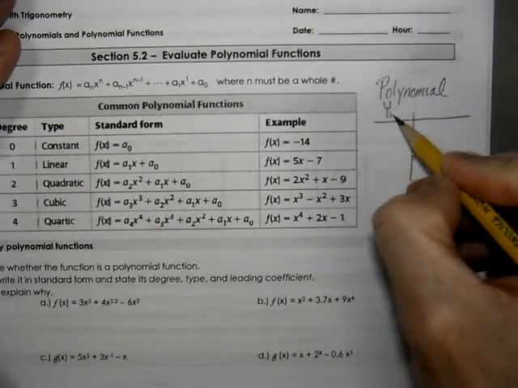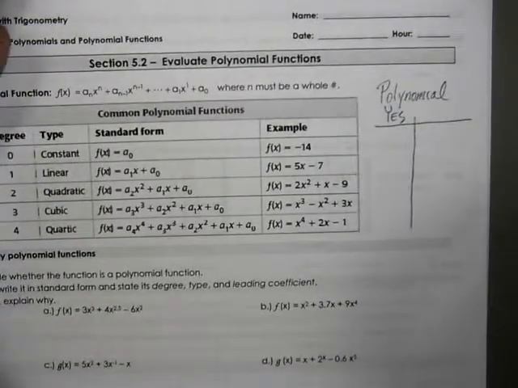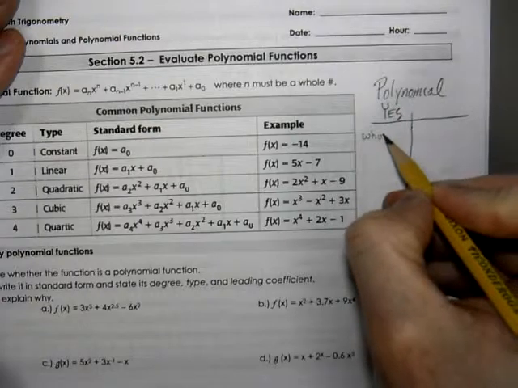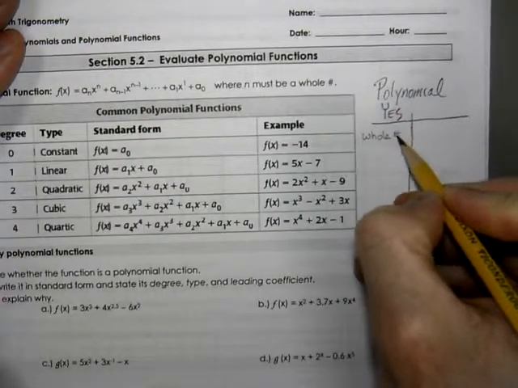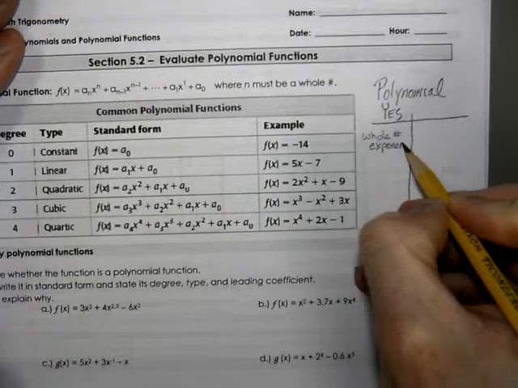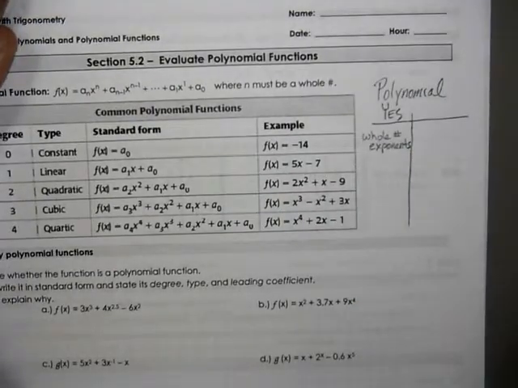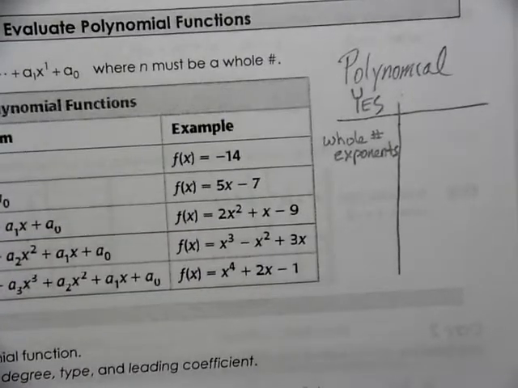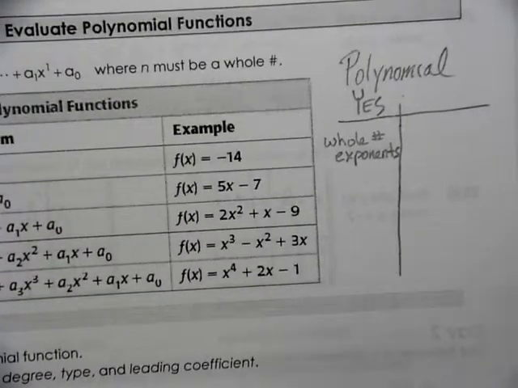So yes, you're a polynomial if you have whole number exponents. If your exponents are whole numbers, not negative exponents. Whole numbers are 0, 1, 2, 3, 4, 5, 6, 7.